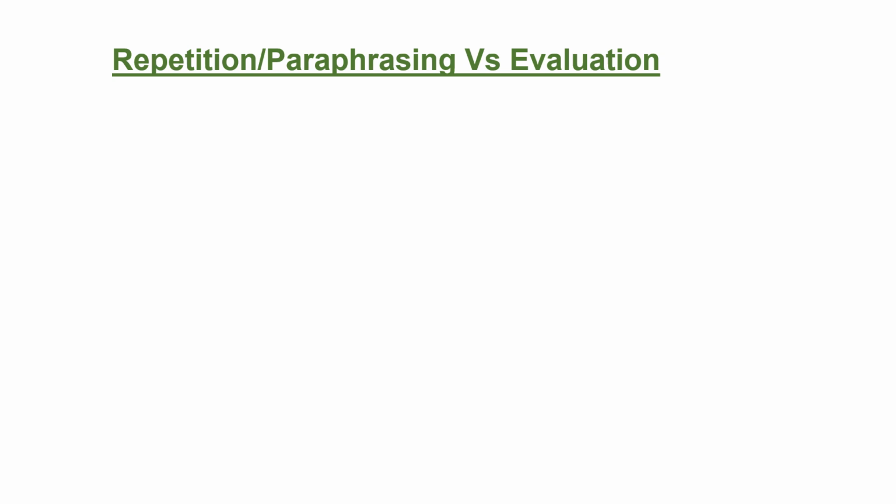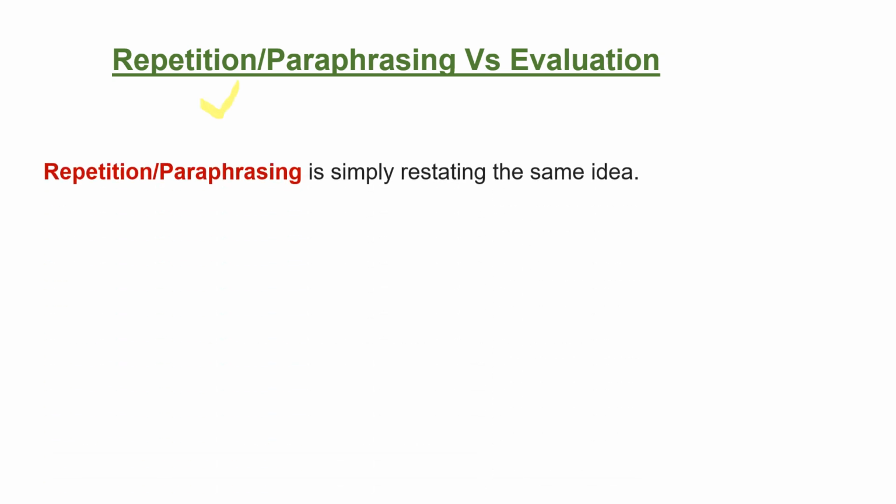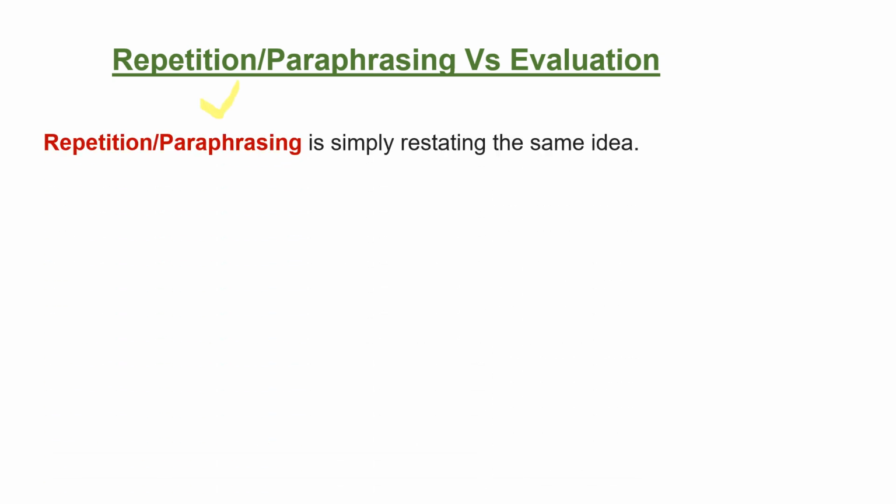Now, what is a repetition and what is a paraphrasing? Sometimes it happens that most of the time we reproduce the ideas given in the text in our own words. So that is only restating of the idea and that is not evaluation. Okay, so here the examiner is not going to reward you for rewriting the content, paraphrasing it or summarizing it.